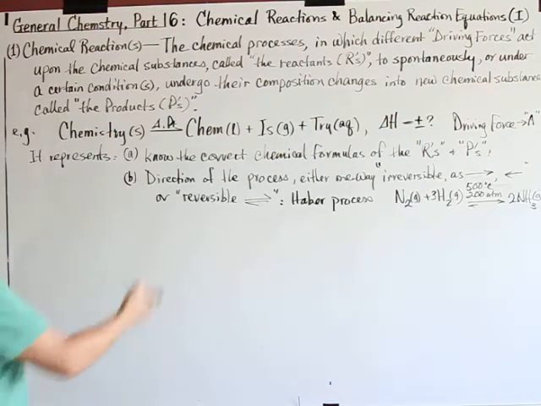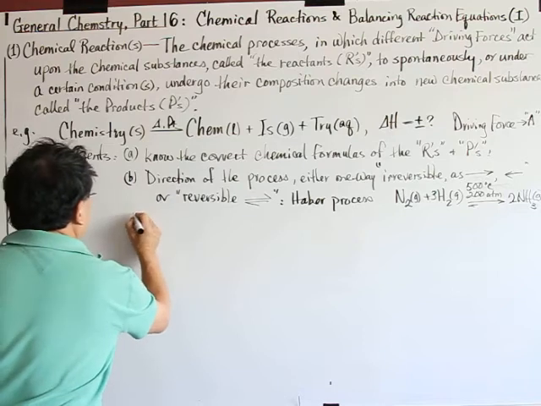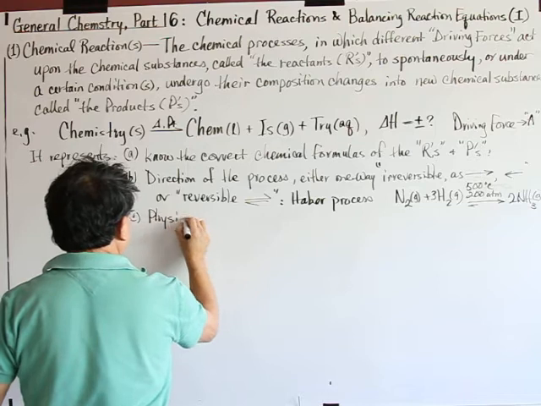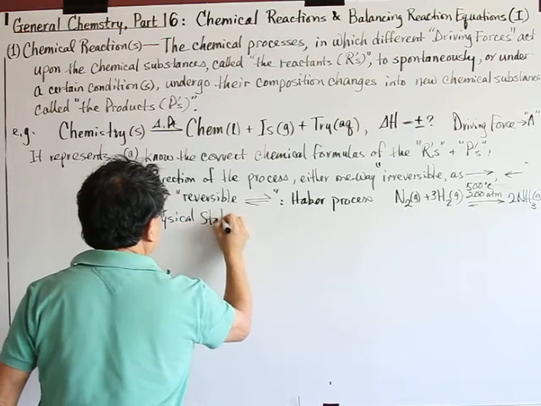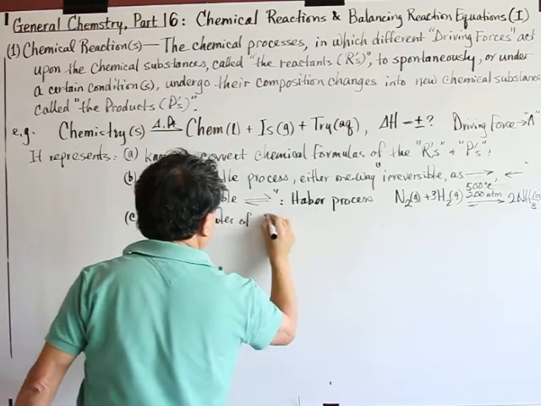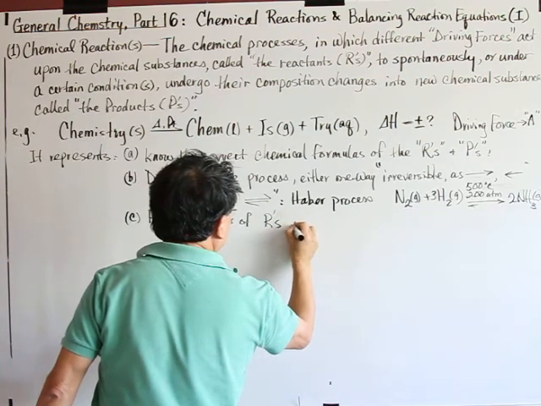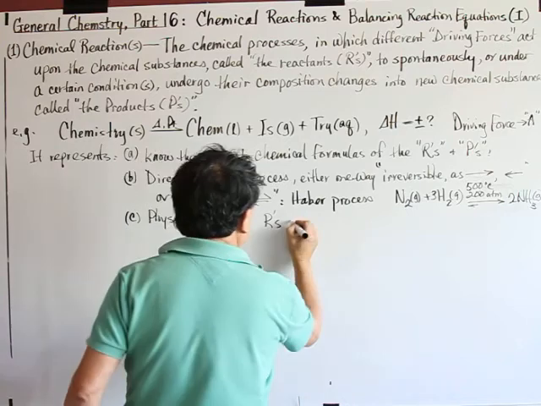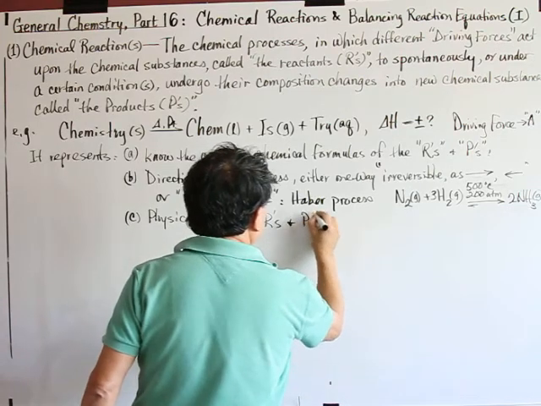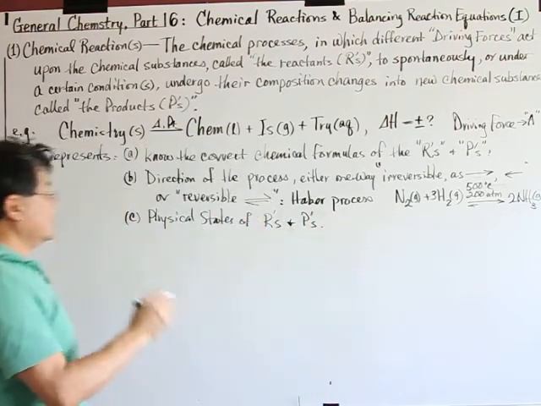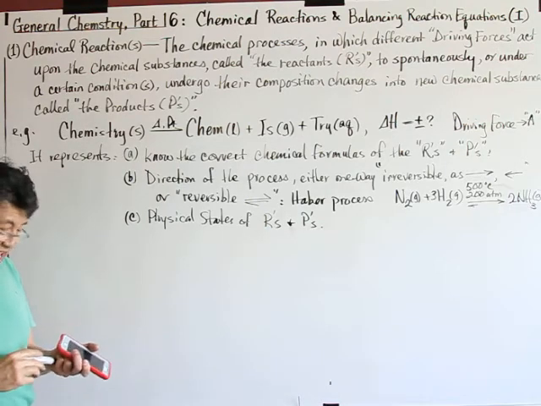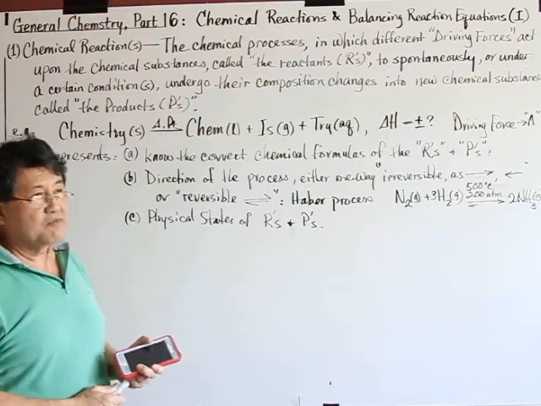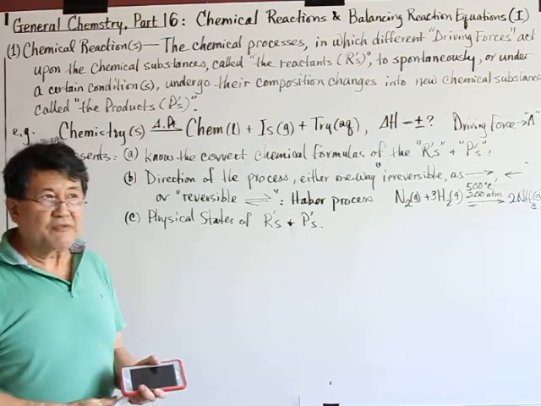So then we have to know. We also have to know very clearly the physical states of the reactants and products. Now this is sometimes sadly omitted by a lot of chemical educators. They don't even care about the physical state.